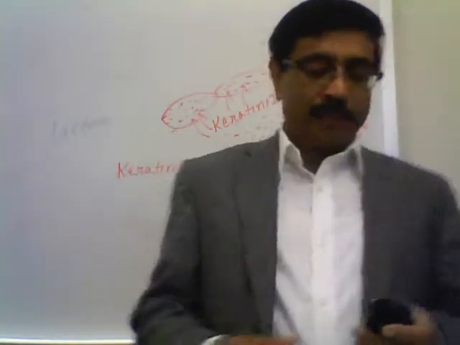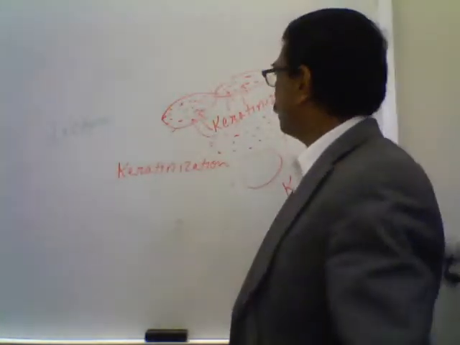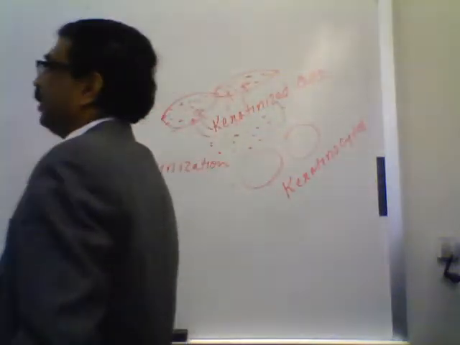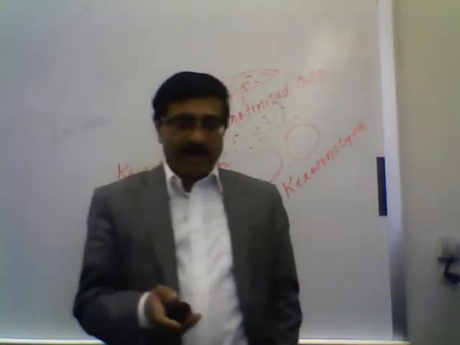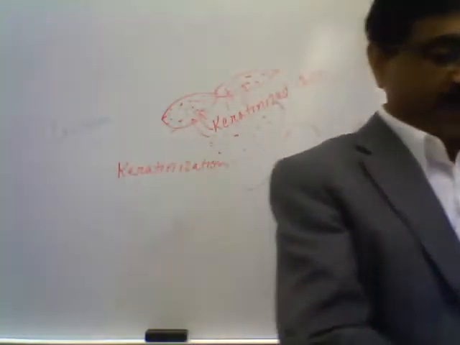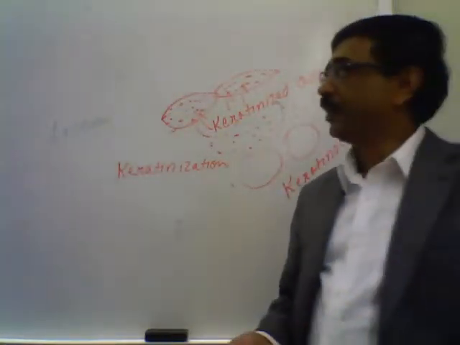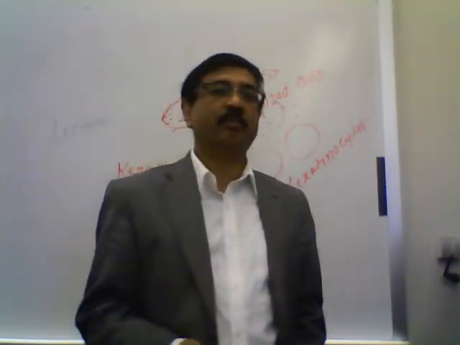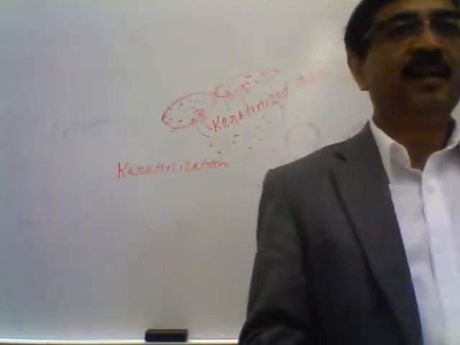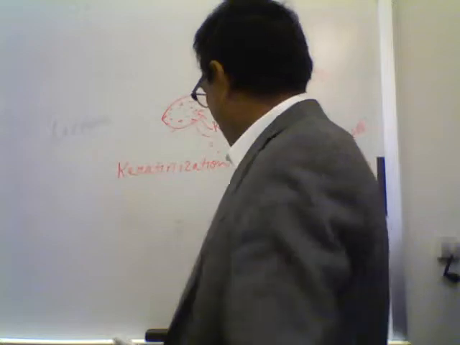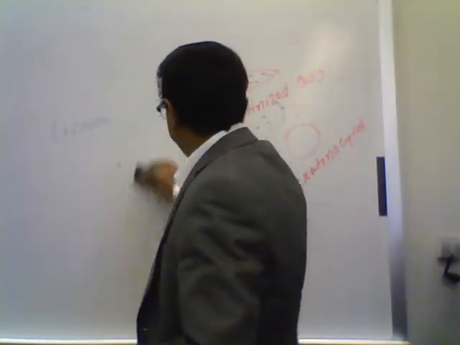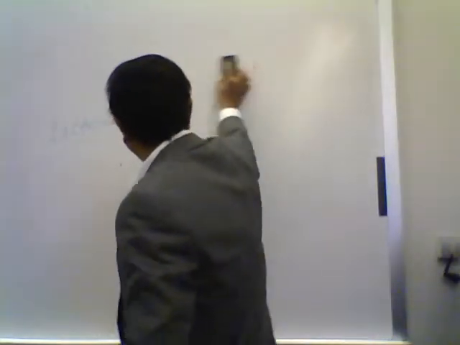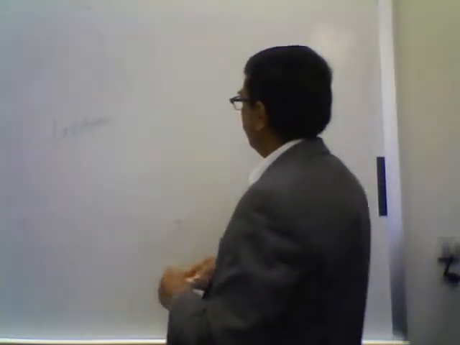Now, what are those 4 or 5 layers of the epidermis? If you start from the innermost layer of the epidermis, the innermost layer is the stratum basale or basal layer. This layer is very thin, only a single or 2 rows of cells form this layer.